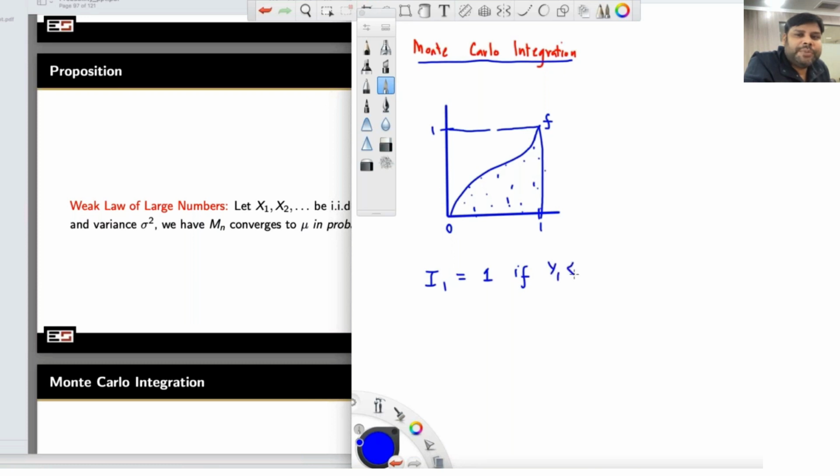Basically, that means if y1 is less than or equal to f of x1, and 0 otherwise. Likewise you do this for every point. So you get Ij equals 1 if yj is less than or equal to f of xj, and 0 otherwise. What is the expectation of Ij?